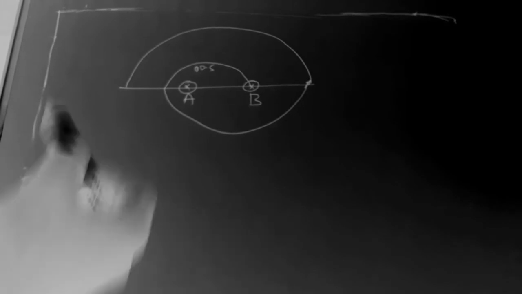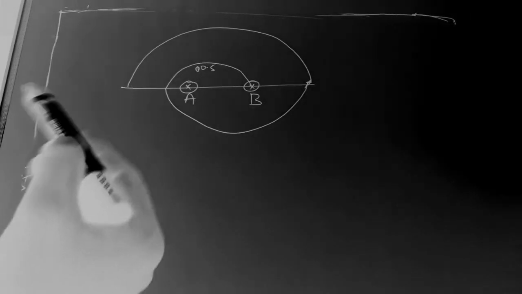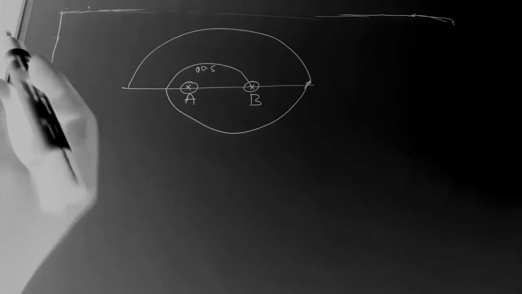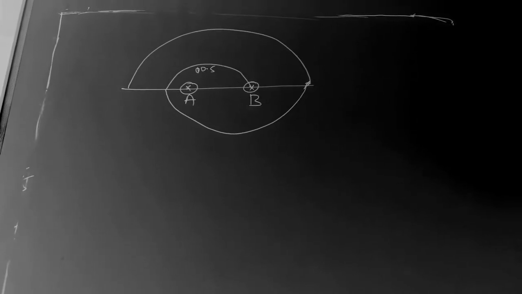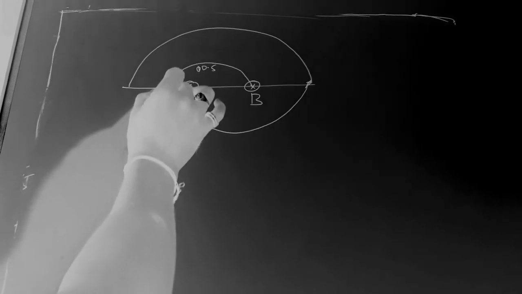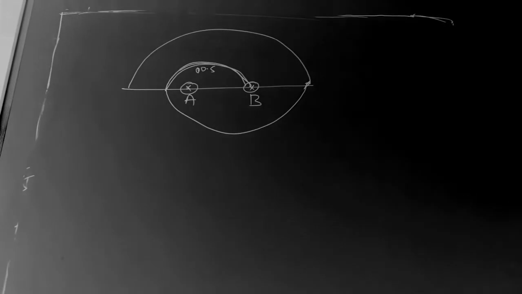Like that they continue alternately from center A and center B, up to 13 consecutive semicircles. They ask us to find the total length of such a spiral. These arcs look like semicircles.